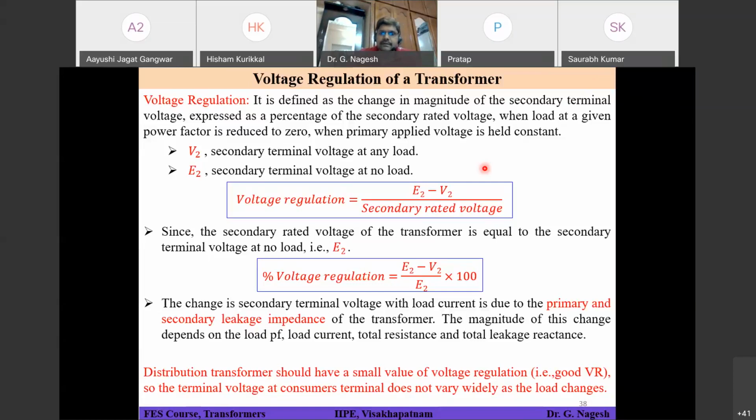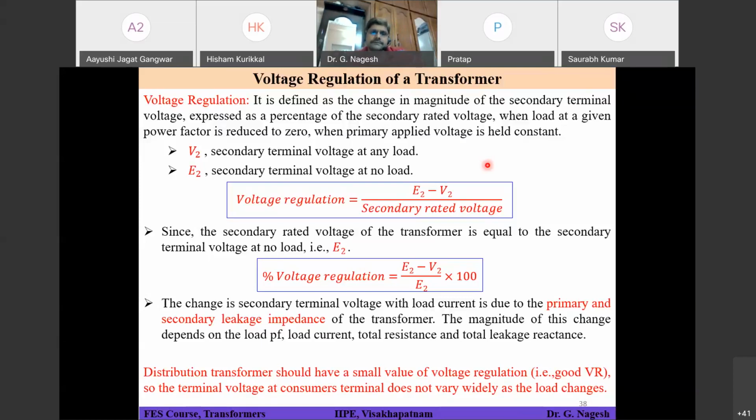That change with respect to the specified value. Ideally I want 230 volts at the output of the transformer, but it may not be that exact value. There will be a slight change. That change which is occurring is called voltage regulation. We will see why it is occurring. So that voltage regulation is what we are going to see now.